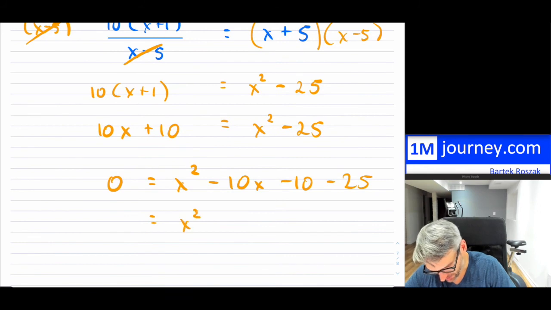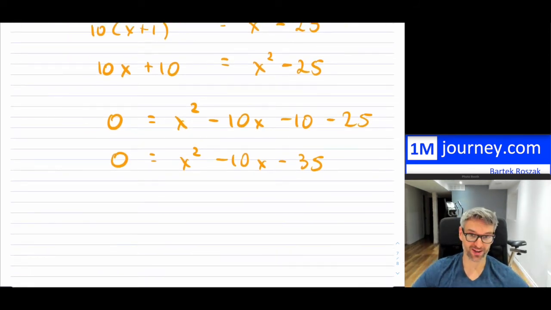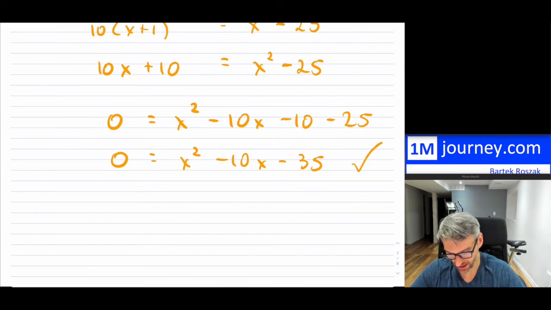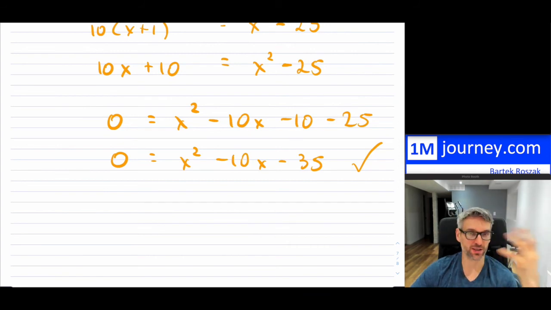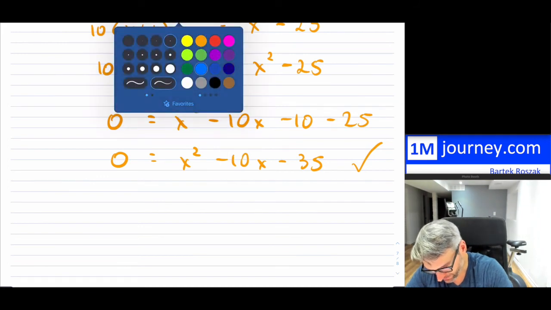Collecting here, x squared minus 10x minus 35 equals 0. So again, we're solving another quadratic. We have to solve this quadratic for x to be able to see what the solution actually is. So let me do that, and I'm going to use just the quadratic formula, so that it's a little bit quicker.